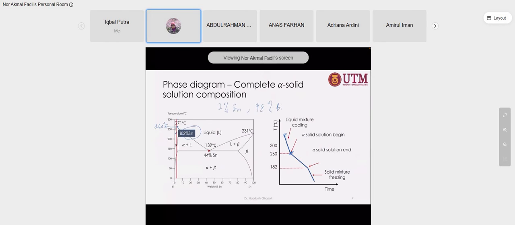What happened at this temperature is that a solid solution began to form, a solid solution of alpha.